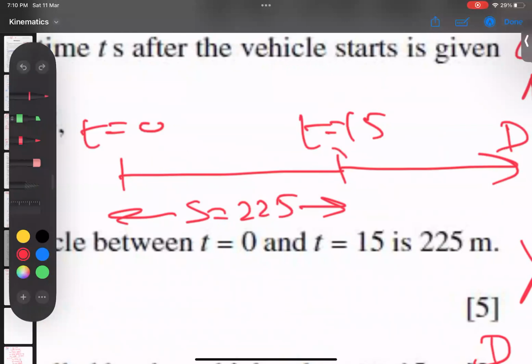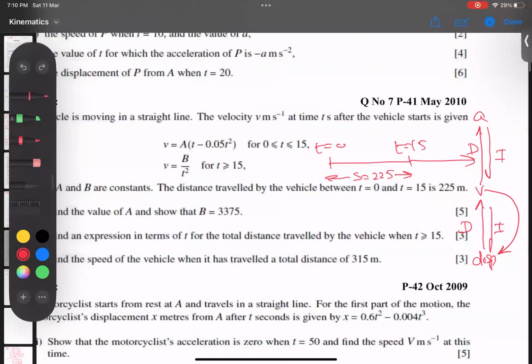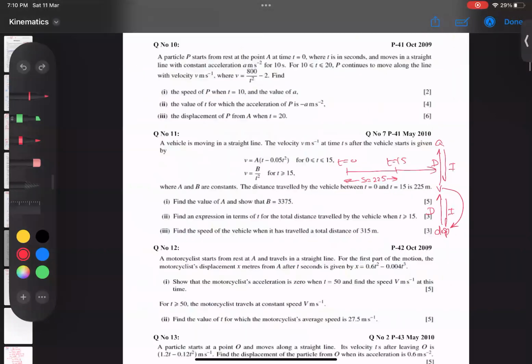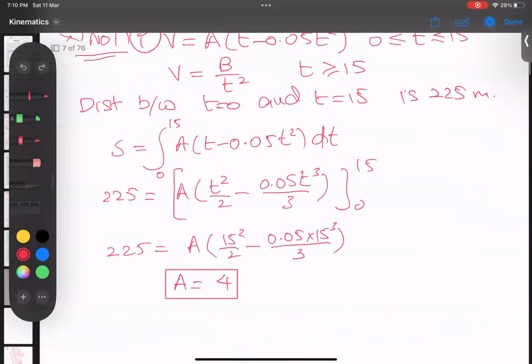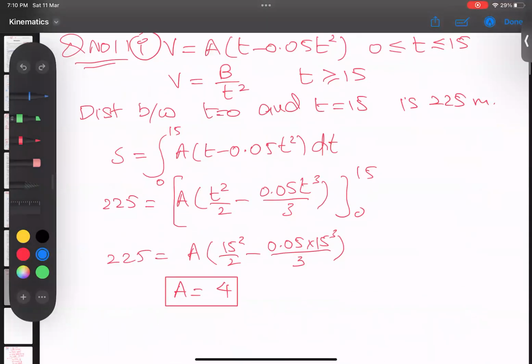But at that particular moment, when time is 15, the velocities are equal to each other. So I'm going to say again: at time 15, both velocities are equal to each other. So I'm writing here, at t equals 15, velocity equals velocity.